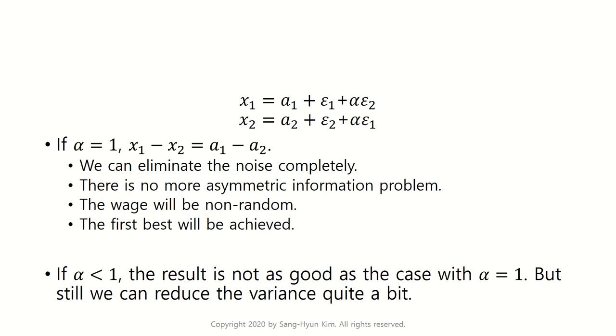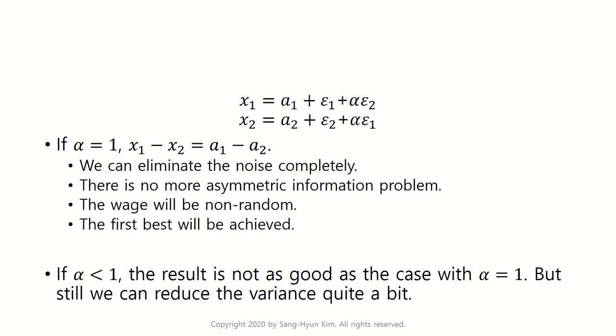So the common unobserved factor explains everything. I mean the common unobserved factor is the noise. So in that case, by subtracting one from the other, we can recover the difference in effort.